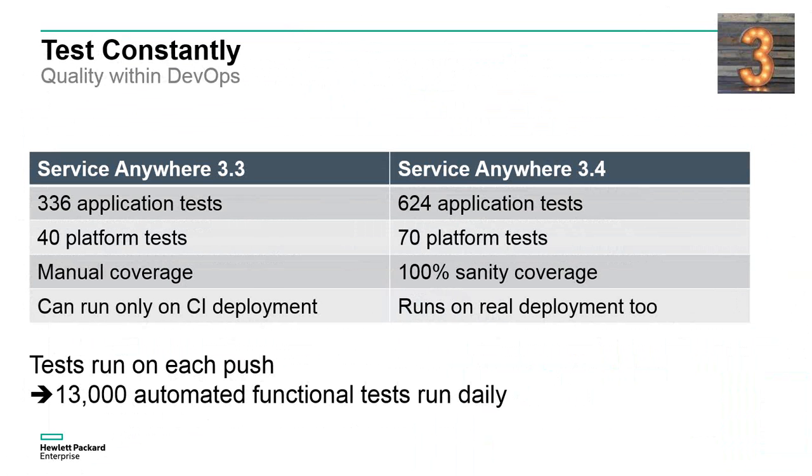So if we look at two different types of applications and two different types of platforms, you can see how they were able to evolve and increase the amount of tests that they ran each day. For each test run, on each push, they had 13,000 automated functional tests run daily. Which means they've got this continuous integration, continuous development process down pat.